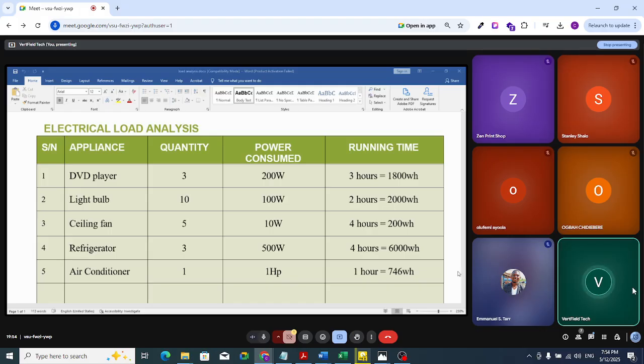So what is the total of energy consumption, or what is the total energy consumed? Is anyone punching it?